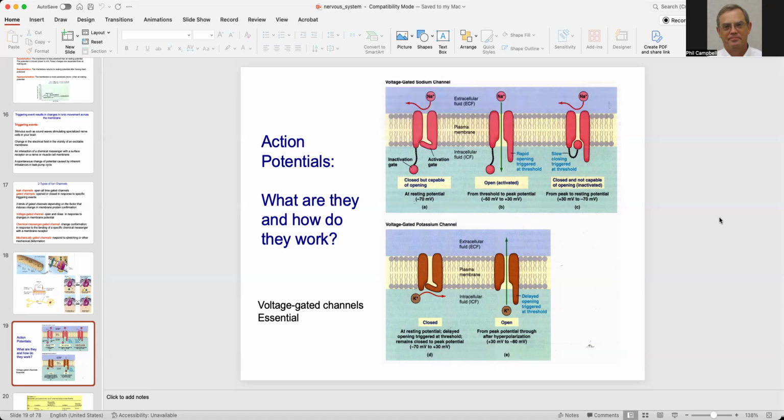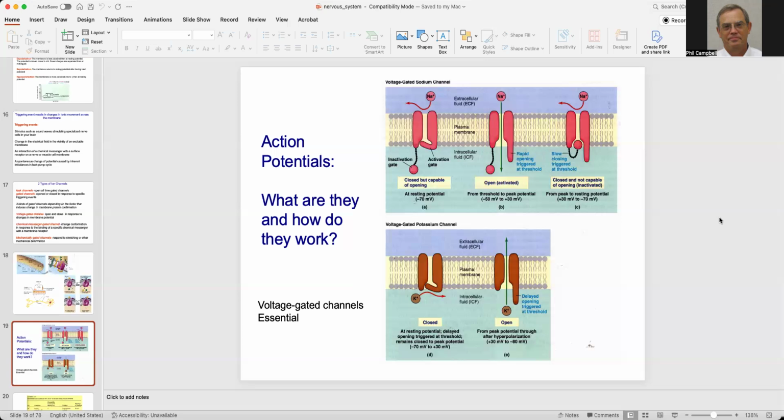There has to be enough voltage change in order for this to happen. So basically there are voltage gated channels for sodium. They are activated at what is called a threshold potential.